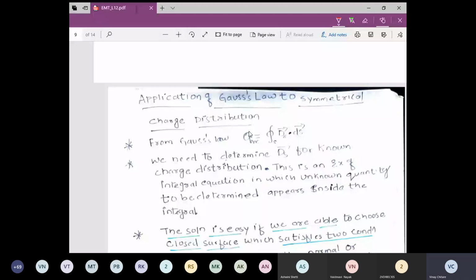We know that we can find an electric field due to a charge distribution using Coulomb's law, that is, the definition of electric field. We have done it in module 1, due to a point charge, a line charge, and a sheet charge.